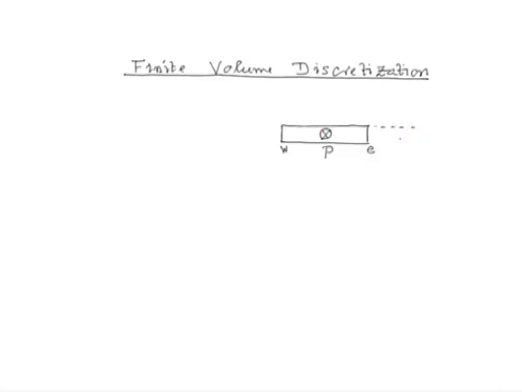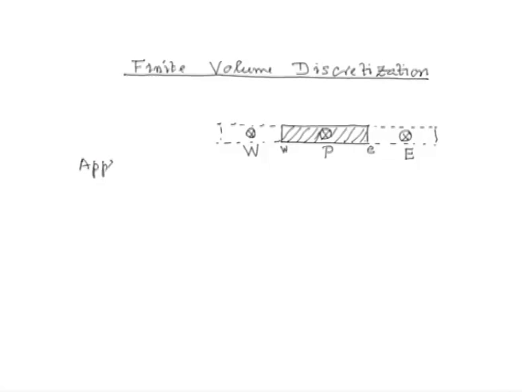Let us also draw by dotted line the neighboring CVs. In fact, we are more interested in the neighboring computational nodes. This is computational node capital W, this computational node capital E, and we would now apply our conservation law, that is in this case our integral form of the heat conduction equation to our chosen control volume.